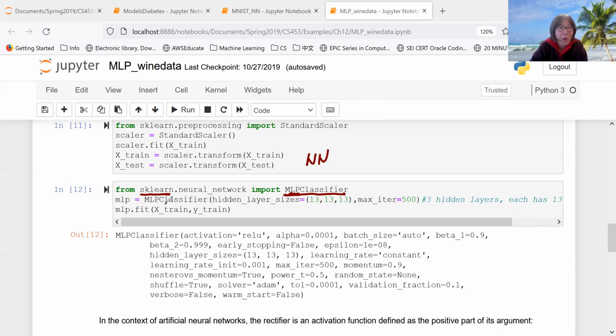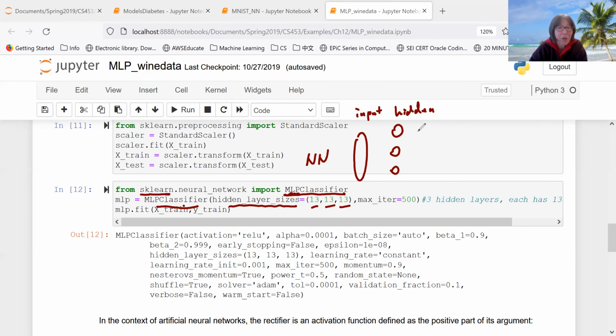Okay, and once we have this model, we can initiate this model. So here you need to provide the hidden layer size. So this size means the hidden layer. If you recall, we have input layer, then we have a hidden layer. So here it has 3 hidden layers, that the neuron size is 13, okay, and 13, and 13, so 13 neurons per hidden layer, and then you have the output layer.